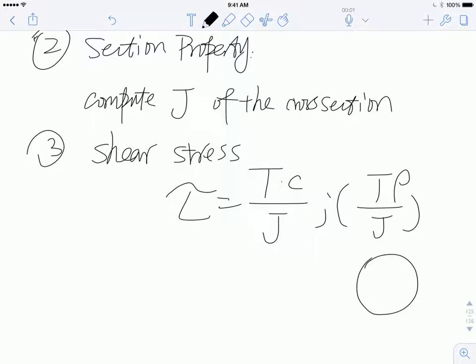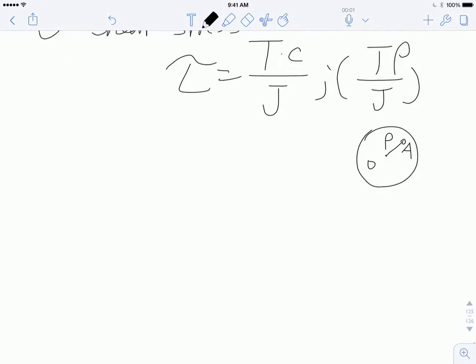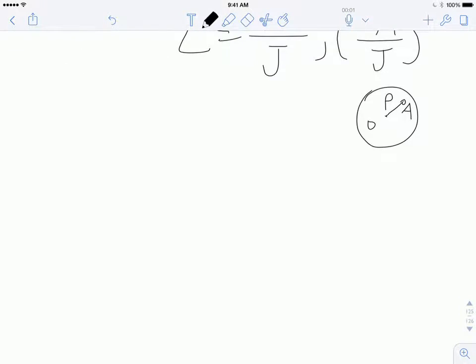For example, right here you have the rotational center, and the distance from this arbitrary point A to O, we can also call rho. It doesn't have to be called C. So it's an easy 3-step: free body diagram, compute the J, and then find the shear stress. Very simple. Next, let's look at a simple example so we can get things going.